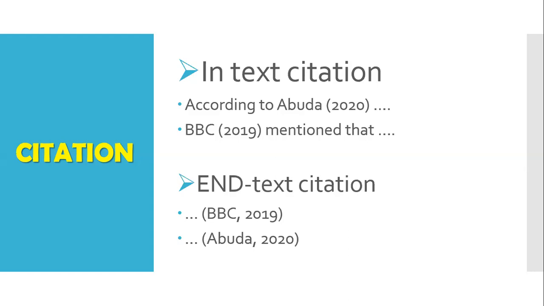So, citation can be of two ways, the in-text citation and the end-text citation. In-text citation means the author is part of the text. You allow the author to talk about it by simply quoting his words or paraphrasing his words.